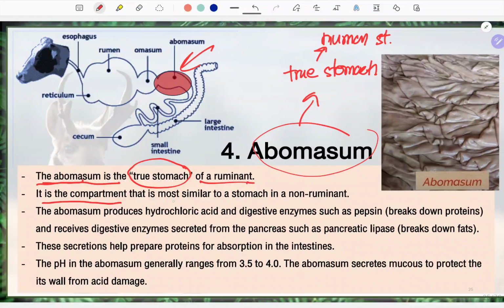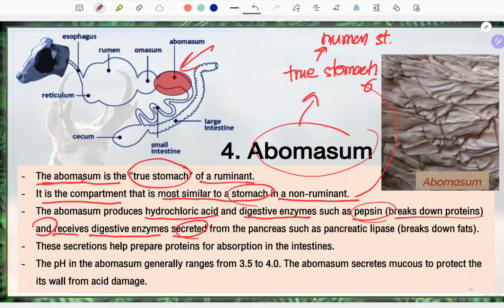It is the compartment most similar to the stomach in non-ruminants. The abomasum produces hydrochloric acid and digestive enzymes such as pepsin, and receives digestive enzyme secretions from the pancreas, such as pancreatic lipase, which breaks down fat here as well.